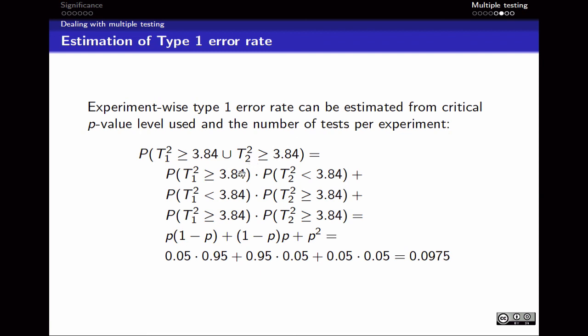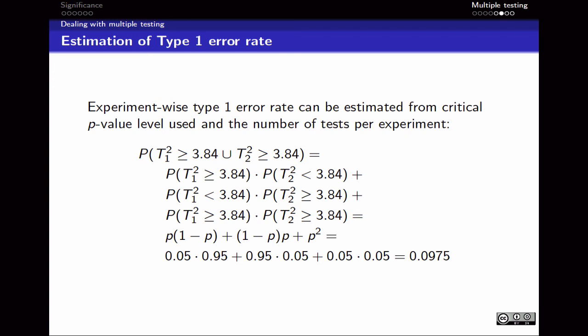Then we can compute the probability that we would obtain a test statistic more than 3.84 in either of the 2 independent experiments by multiplying these probabilities and adding them up, and if we do so, we obtain the value of 0.0978, 9.75%.